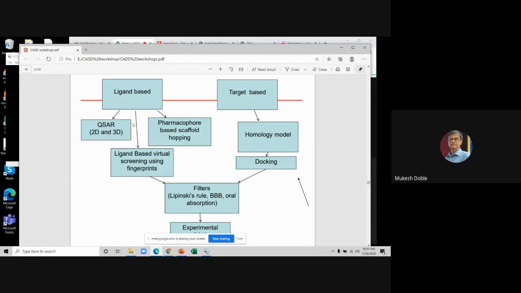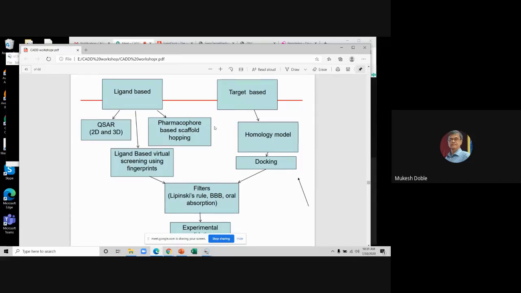And then we looked at the pharmacophore-based approach, which is identifying the special features of molecules by superimposing them, like whether they have common hydrogen bond donors or acceptors or hydrophobic groups or aromatic groups or cations, anions. So that's called pharmacophore based modeling.